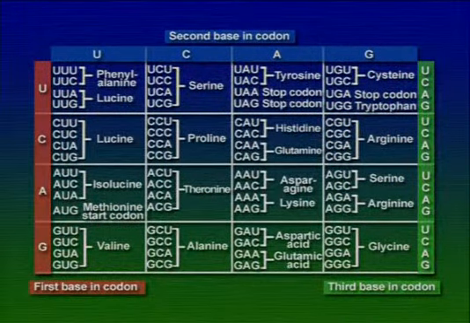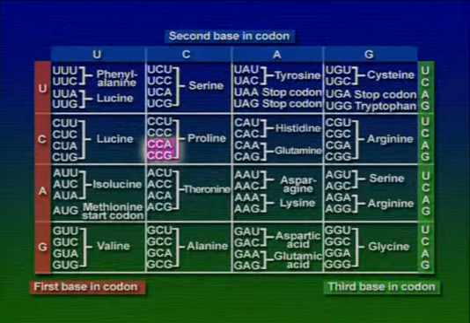We'll keep it simple. Remember, the genetic code is redundant. So that means that if we have a single point mutation occurring in the third position of a codon, then it may have no effect at all. The DNA has changed. There is a mutation, but because the change has been in a base pair that is redundant in the codon, for example, the codon CCA and CCG both code for proline.